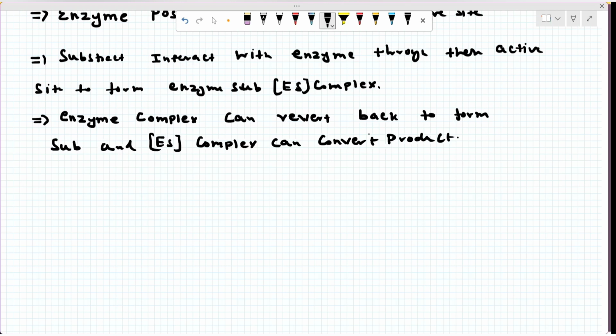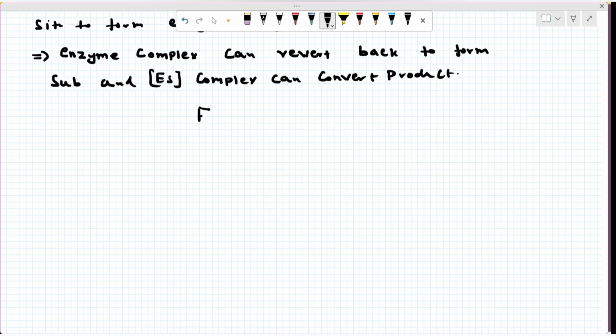Now see the reaction. Enzyme plus substrate is in equilibrium, with K1 forward and K inverse backward, giving the activated complex, ES.